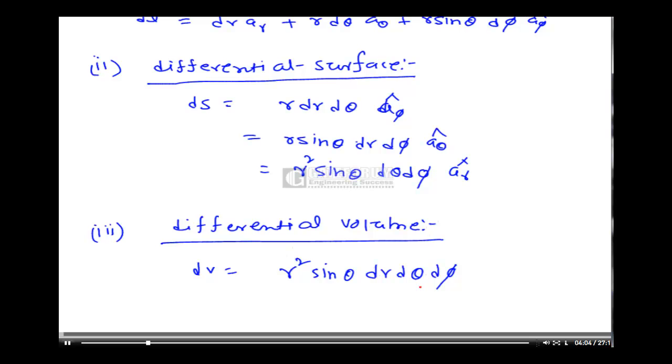Whenever we are solving a problem in a spherical coordinate system, we have to use this differential volume, r square sin theta dr d theta d phi. So this is very, very important. There is no need to remember all these things. Just with the help of simple logic, you can easily remember the differential length, surface and volume of any coordinate system.